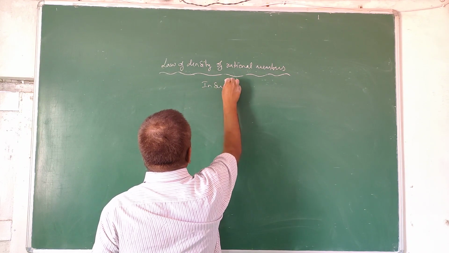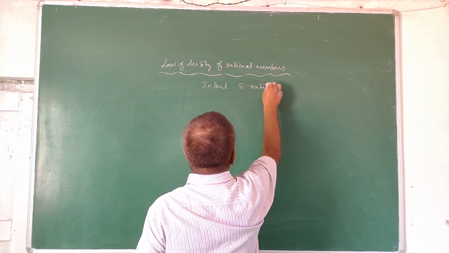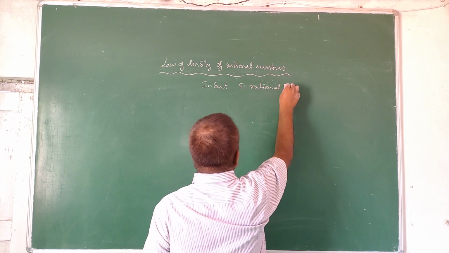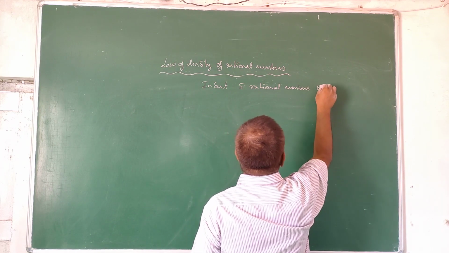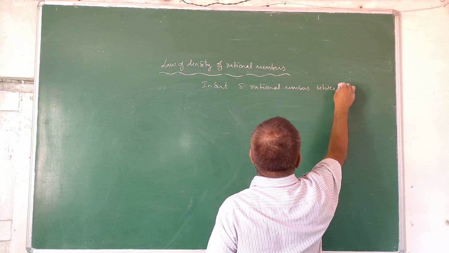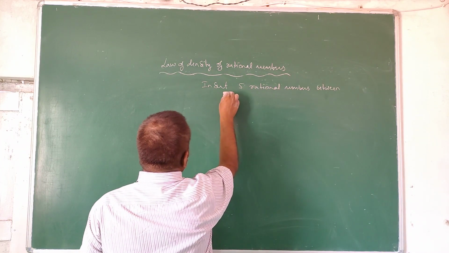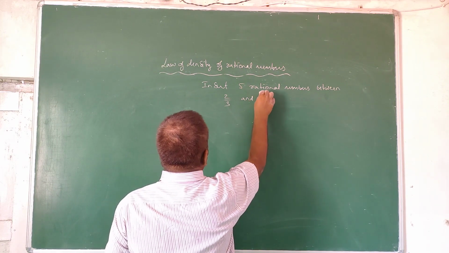Insert 5 rational numbers between 2/3 and 5/3.